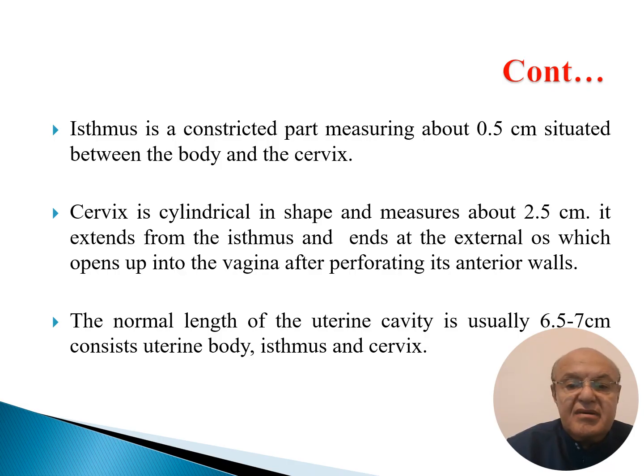This isthmus will form the lower uterine segment in the last weeks of pregnancy in a primigravida, or after the start of labor in a multipara. Primigravida is the first pregnancy, and multipara is second, third, and fourth pregnancy.